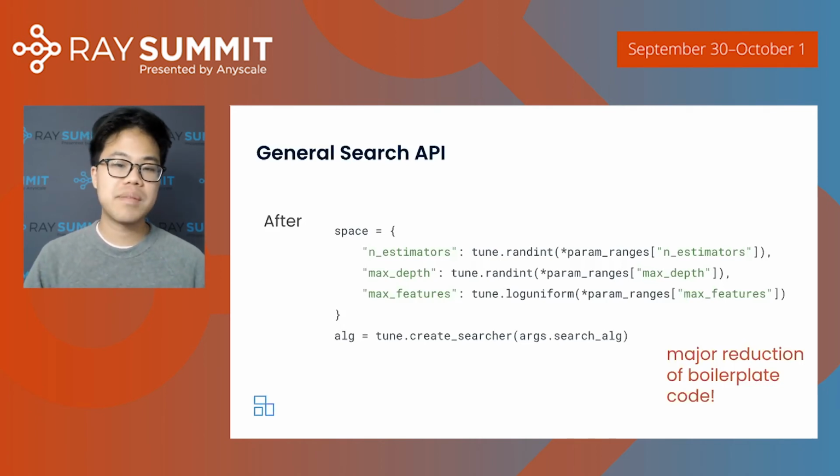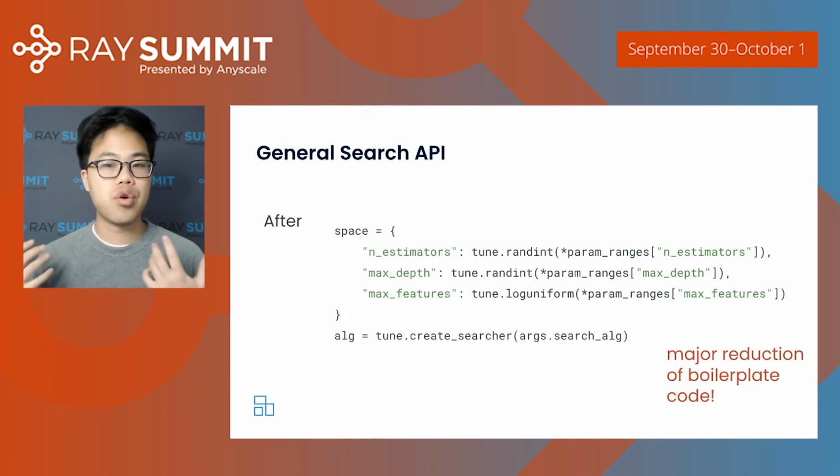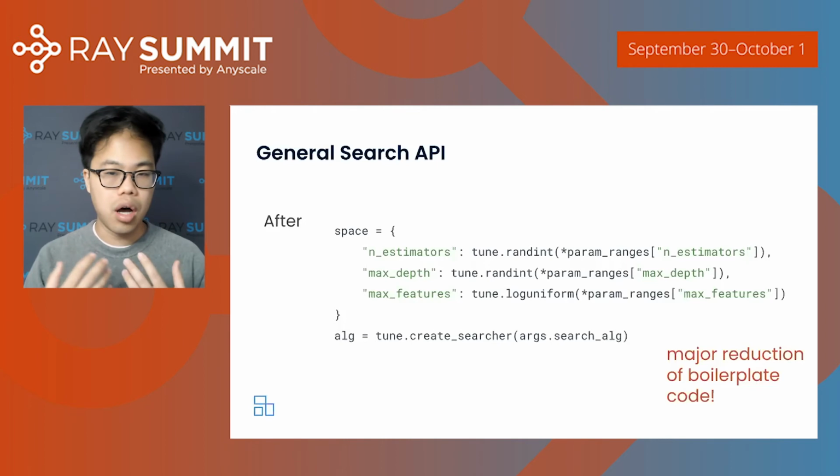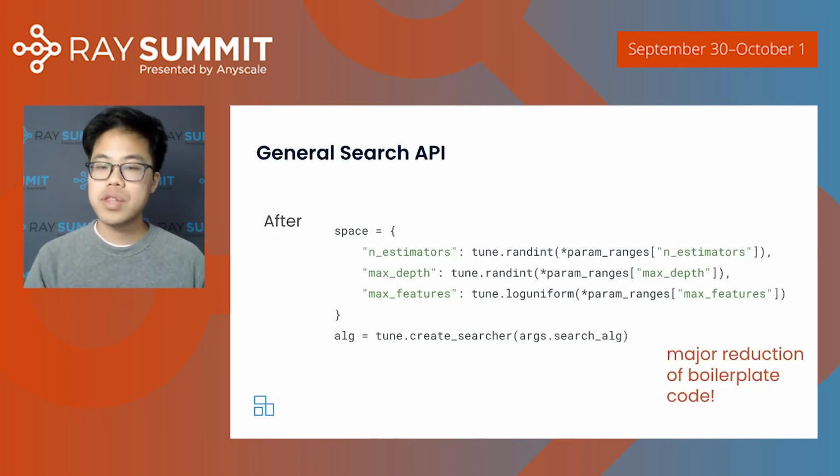I'm really excited about this API because it truly strengthens the relationship between RayTune and other search algorithm libraries, where now you can pick and choose between all of your favorite search algorithm libraries without needing to write a bunch of boilerplate code and without needing to give up the nice features that RayTune provides.